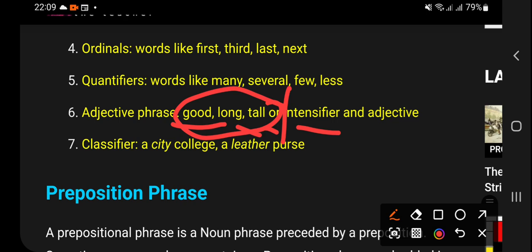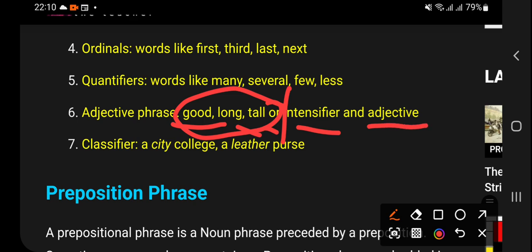The word which qualifies the noun is called an adjective. So through these words we qualify the noun. Or intensifiers, like much, very much. These are intensifiers, which give more importance to something. So that may also be part of a noun phrase.